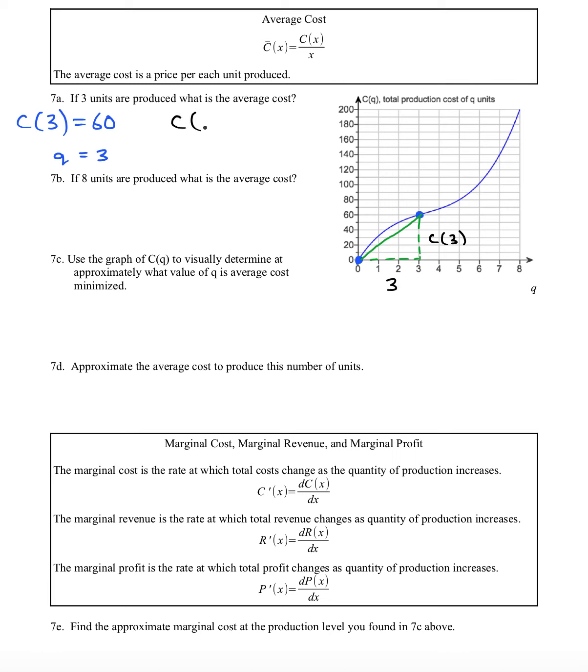So in order to calculate the average cost, what we're going to do is divide C of 3 by 3. That's according to the formula above. So it'll be 60 over 3, which is 20 per unit.